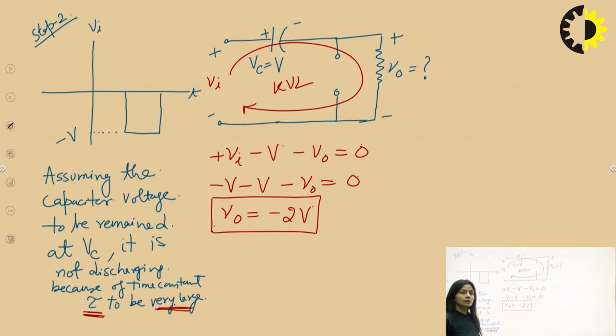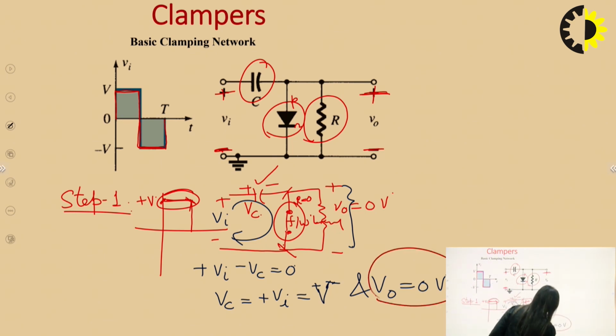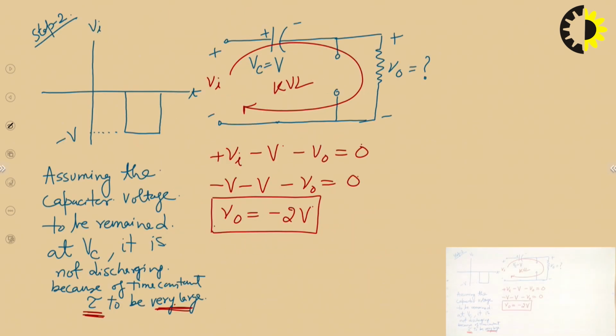The next is we have to make the waveform. In step 1, the output was 0 volt here. In step 2, we have assumed this much of conditions, and then calculated our output voltage by applying KVL, and now I am going to make my output voltage waveform VO.